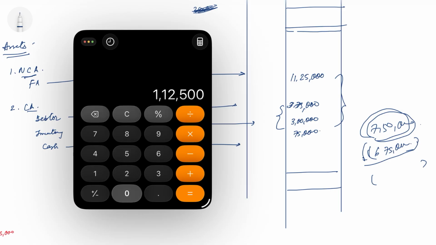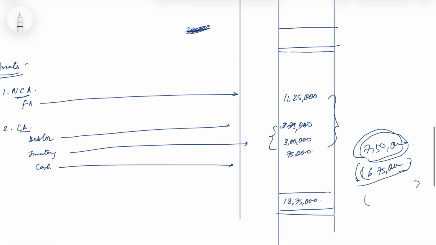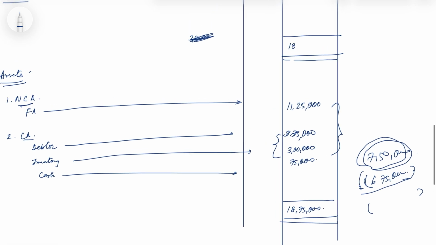11 lakh 25,000 plus 3 lakh 75,000 plus 3 lakh plus 75,000 is equal to 18 lakh 75,000. This asset total of 18 lakh 75,000 should equal the liability total of 18 lakh 75,000.